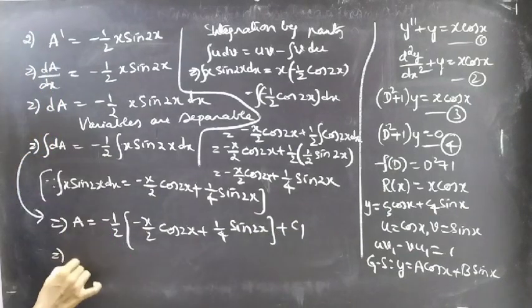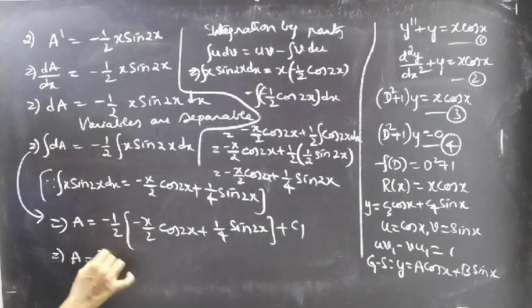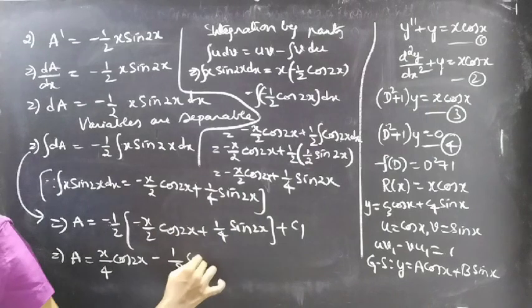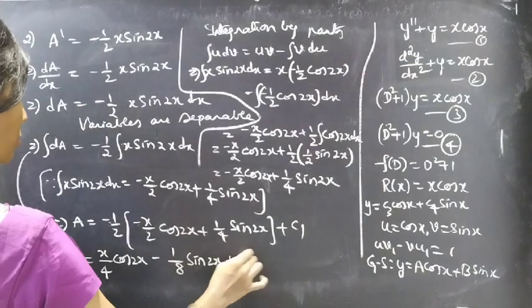From this we'll get a equals plus x by 4 cos 2x minus 1 by 2 into 1 by 4, that is 1 by 8 sin 2x, plus c1.